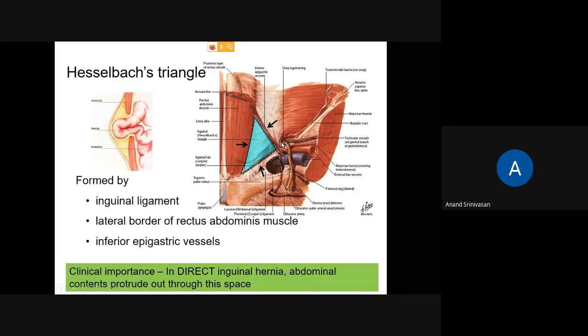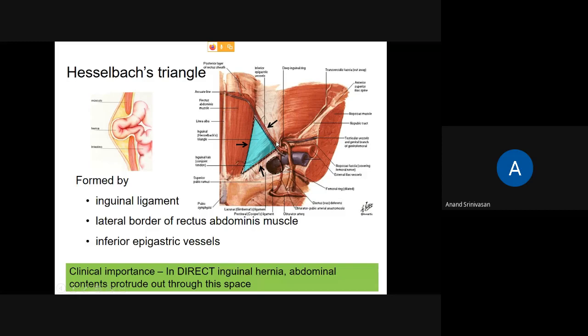If you see the defect at the deep inguinal ring, quite bigger, that means it is an indirect hernia. If you see the intestinal contents protruding medial to the inferior epigastric artery, it is a direct inguinal hernia.